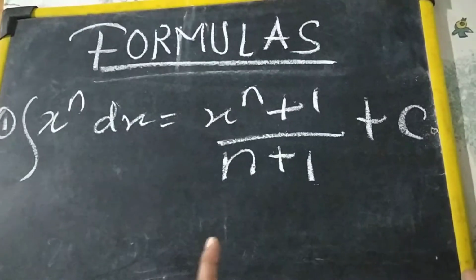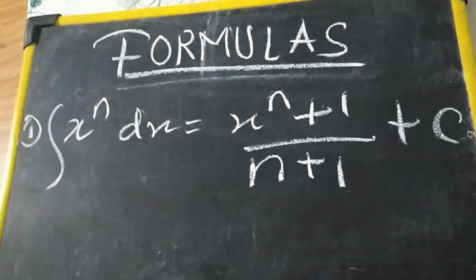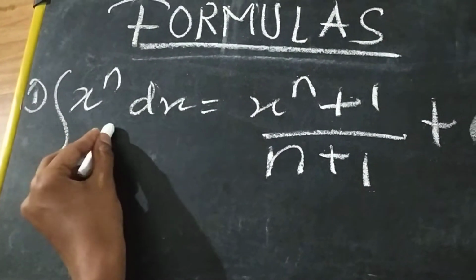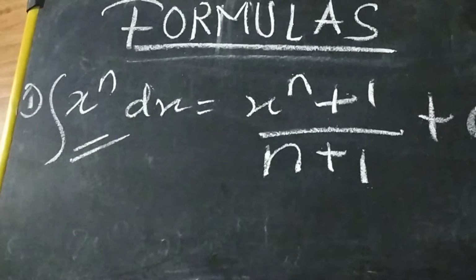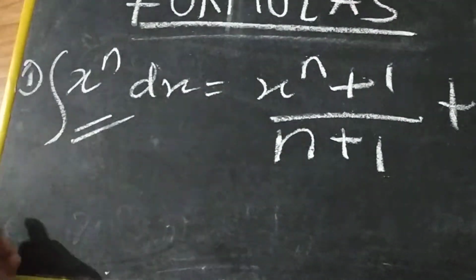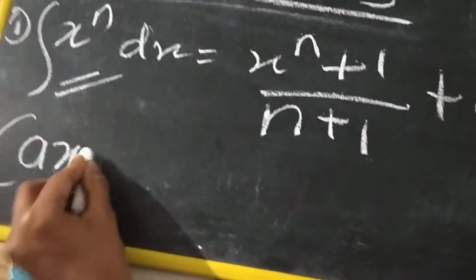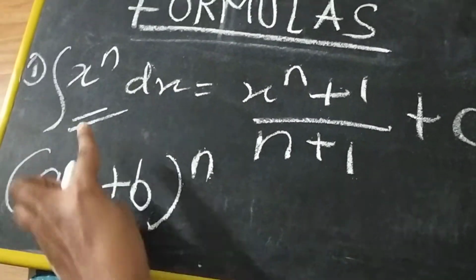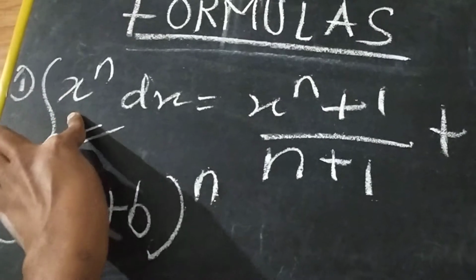Now you can also write it as follows. If x raised to n is not given, but it is given as ax plus b raised to n, are you getting me?